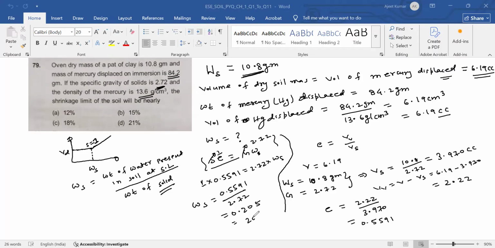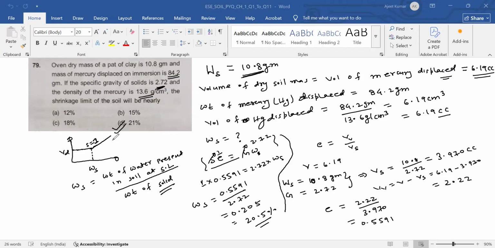So this is 20.5%. This is very close to option D, 21%. So for question 79, option D will be the correct answer.